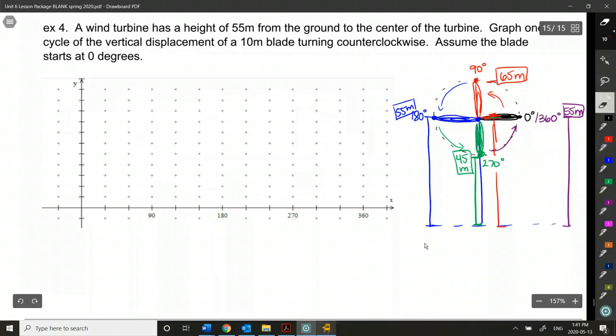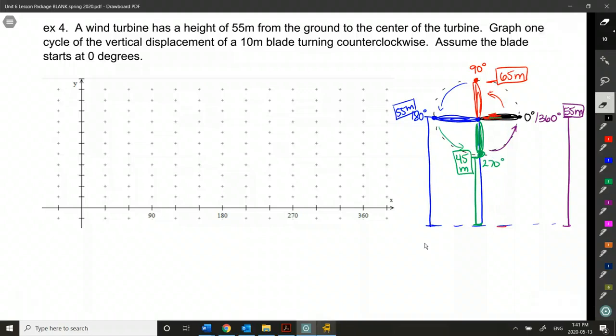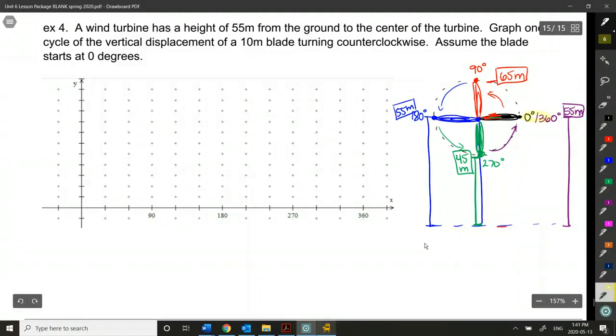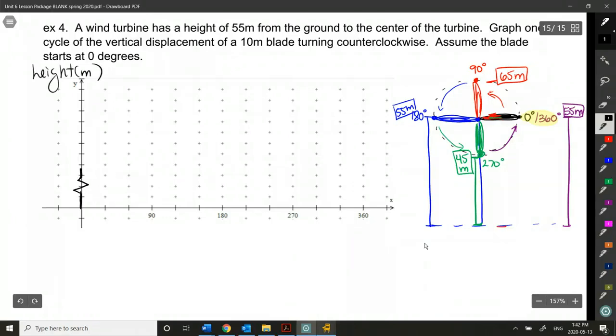So let's clean this up a little bit. Okay, so here's my start position. Now I'm going to do a little trick here, and that is we're going to shrink this piece of the x-axis down a little bit, because we really only want to go between 45, 55, and 65. Going by 5s all the way up would take me a little too far.